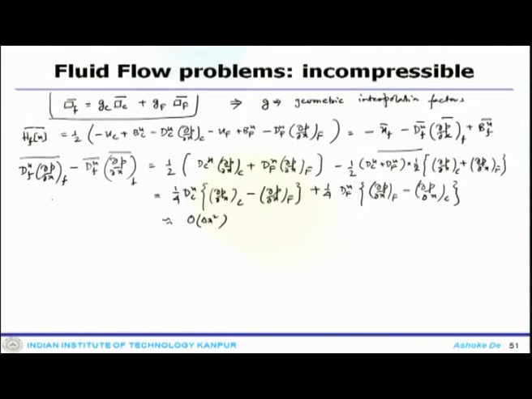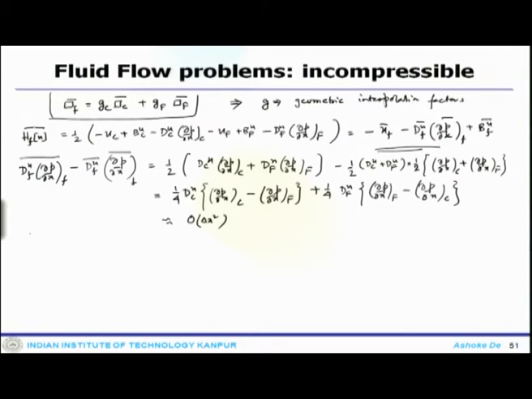So, this shows that this is also a second order approximation. Now, what we do, we get this one and then we put it back in the pseudo momentum equation.